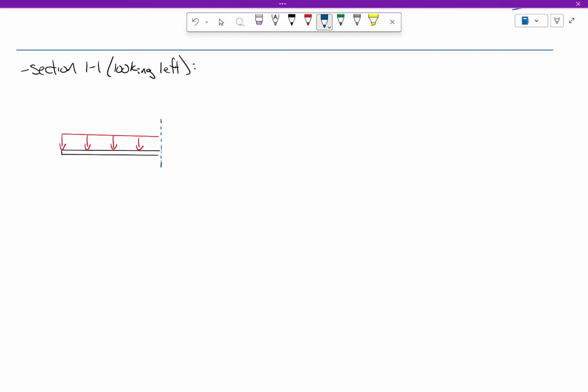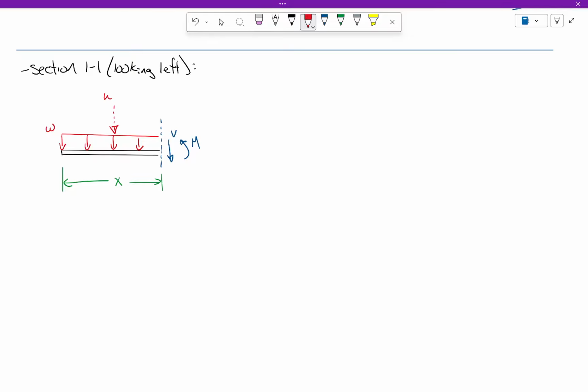So if I cut a section, this is my unknown shear, that's my unknown moment, right? Some distributed load W, and how long is this segment? X. So if I were to collapse that into a point load, what would the magnitude of the point load be?